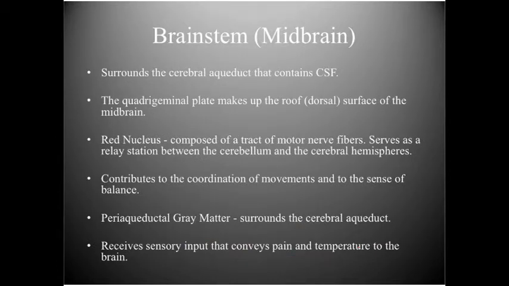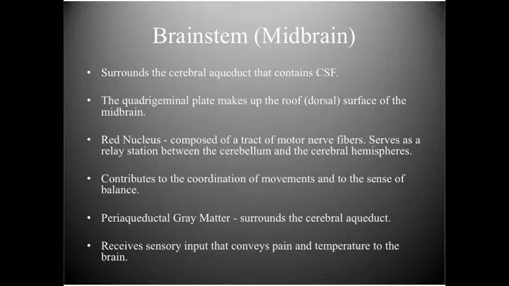The midbrain surrounds the cerebral aqueduct that contains cerebrospinal fluid. The quadrigeminal plate makes up the roof or dorsal surface of the midbrain. The red nucleus is composed of a tract of motor nerve fibers, and it serves as a relay station between the cerebellum and the cerebral hemispheres.